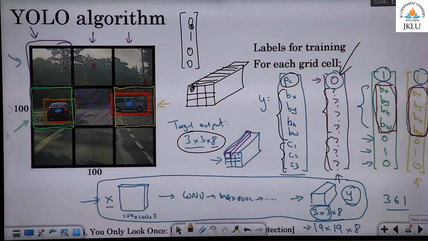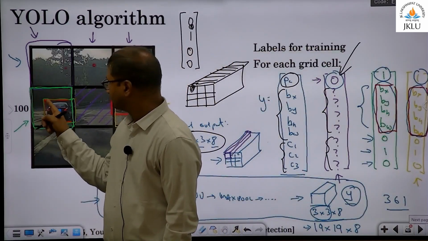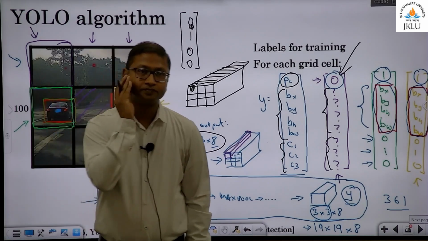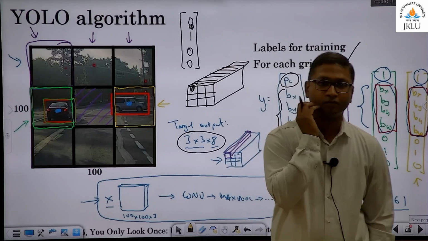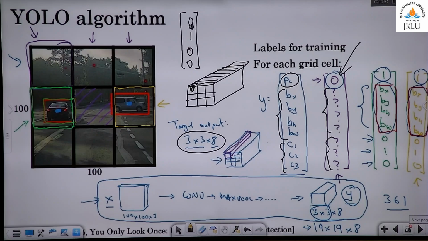Question? Meaning, the green and yellow boxes will detect that there is an object inside, but after this, how will the red box detect that the bounding box is the object? So this is a good question, not yours but mine.